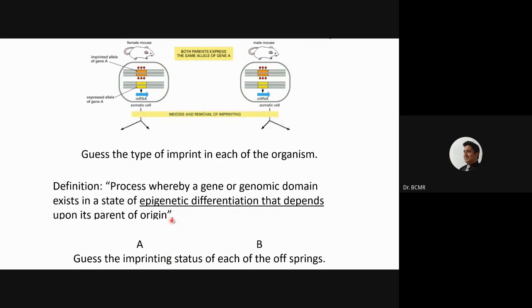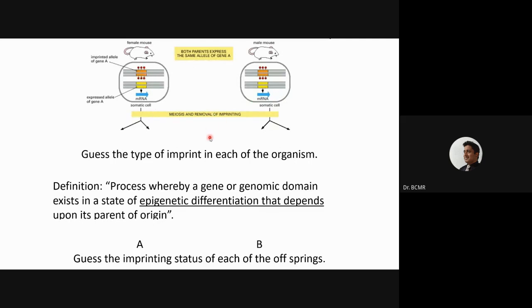So during gametogenesis, when this embryo was forming its own germplasm, the primordial germ cells, the imprints in these cells would have been erased. All the modifications that are present will be removed.